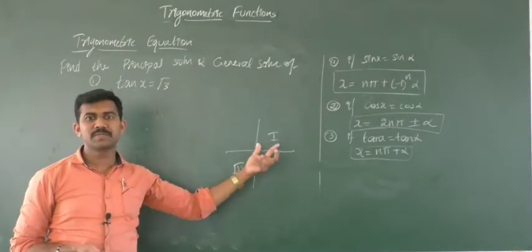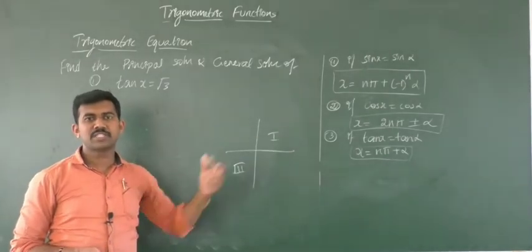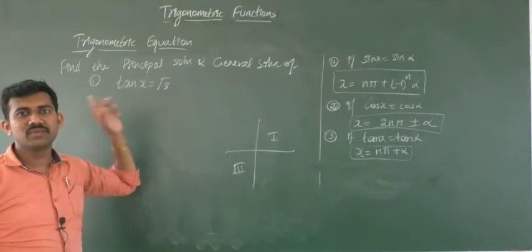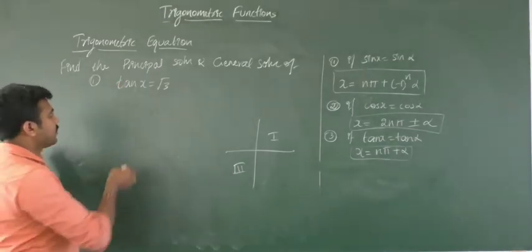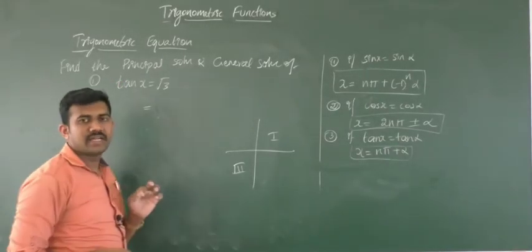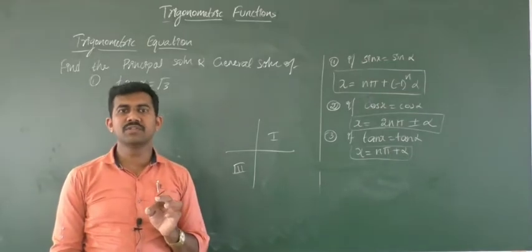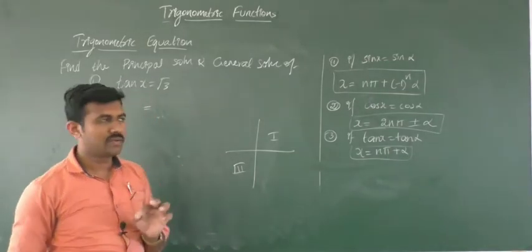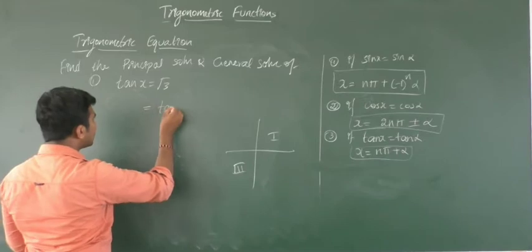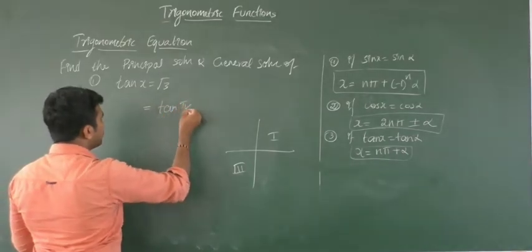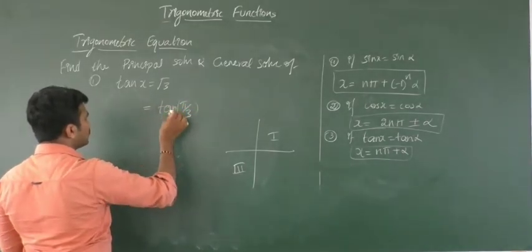So one of the principal solutions I'll write here, that is in the first quadrant. Tan takes the value root 3 if that angle is equal to 60 degrees. So we can say tan 60 degrees, that means pi by 3, is equal to root 3.